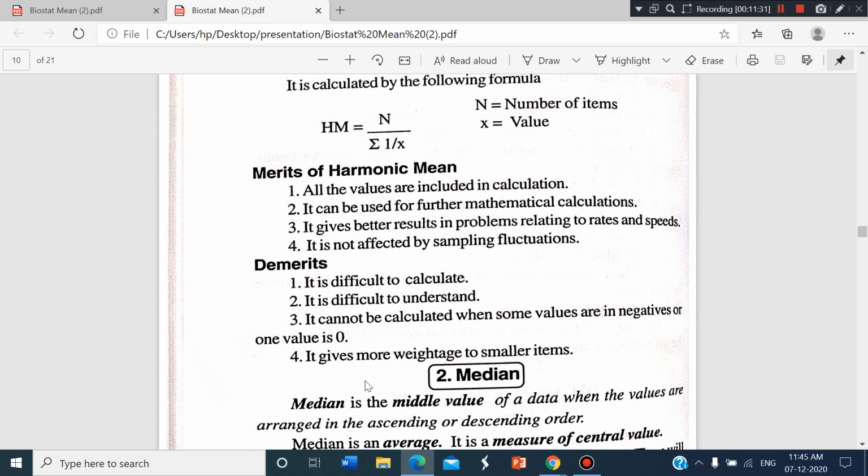But at the same time, it is difficult to calculate, difficult to understand, and you cannot calculate it if there are negative and zero values. When there are smaller items, it gives more weightage. For your syllabus, it is only the arithmetic mean. This is only for your information.